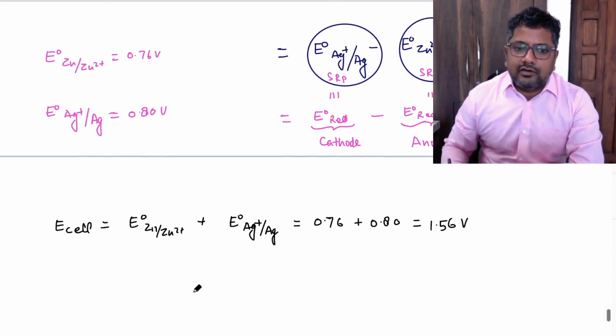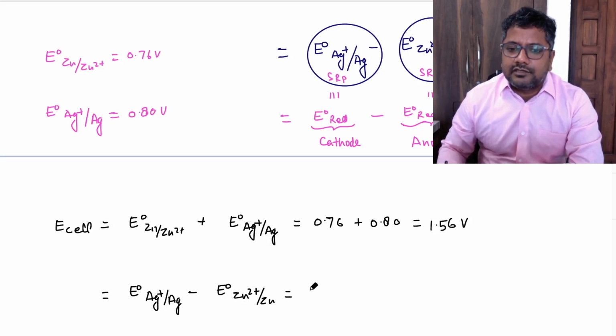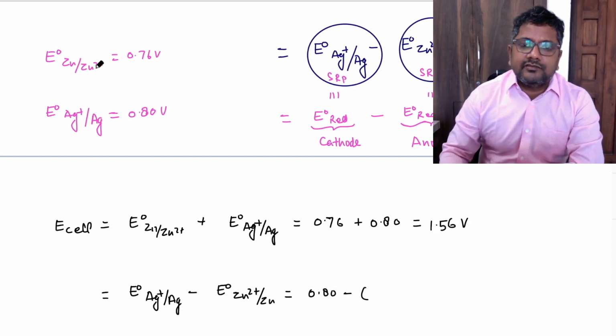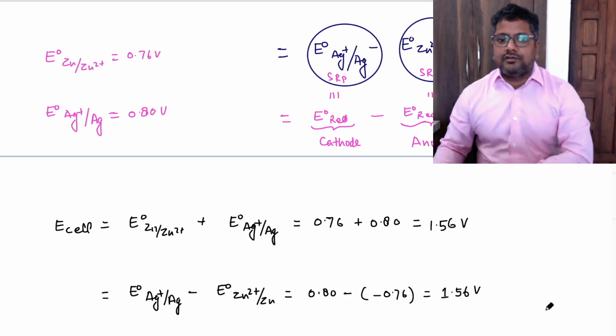And you can also take E naught Ag plus oblique Ag minus E naught Zn2 plus oblique Zn. So this is 0.80 minus, now this becomes minus when you change the couple, minus 0.76, so this is equal to 1.56 volt, right?